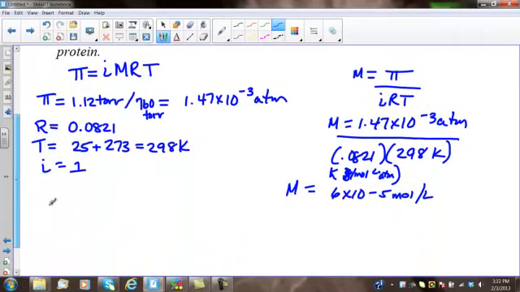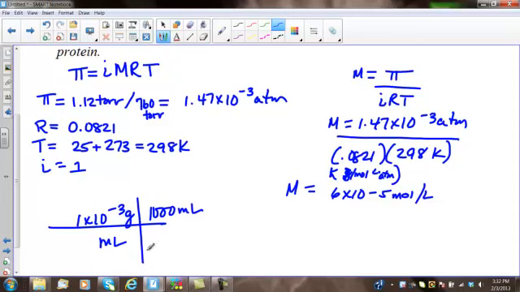So if we have 1 times 10 to the minus 3 grams per milliliter, and we need agreement of units here, we know that 1,000 milliliters is 1 liter. So this same 1 times 10 to the minus 3 grams per milliliter would be 1 gram per liter.